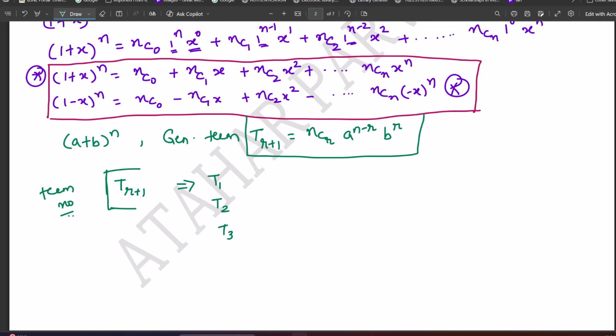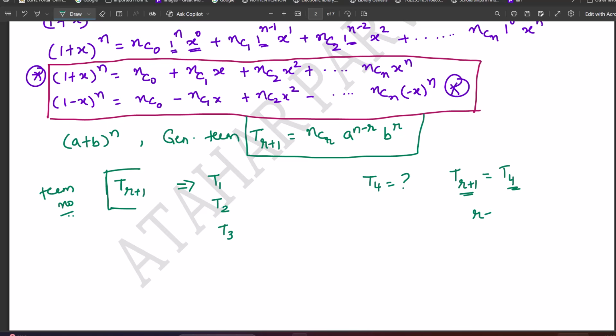So if they ask you what is the fourth term in the given expression, what will you do? You have to find out T4. Now, when I say T4 is equal to something, it means that my T(r+1) is equal to T4. As per the general term, T4 should be equal to T(r+1), right?